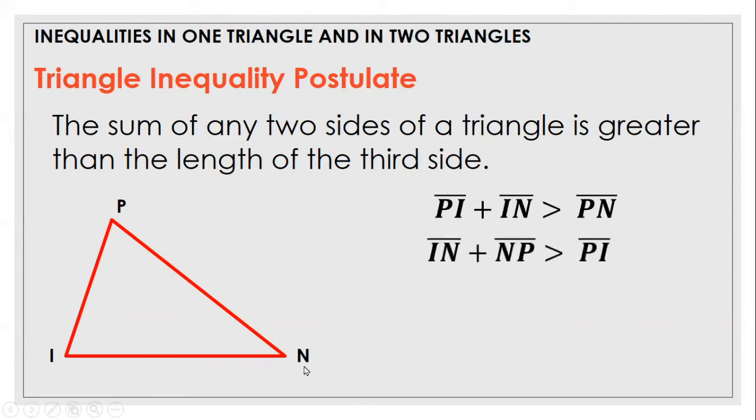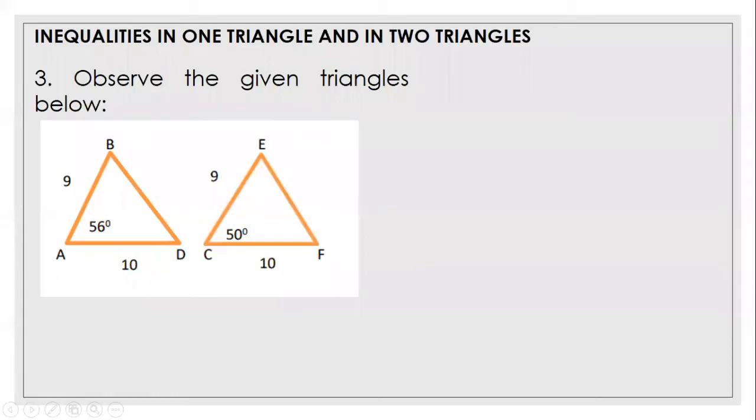Segment IN plus segment NP is greater than segment PI. Segment NP plus segment PI is greater than segment IN. Okay? Gets po? That's how the triangle inequality postulate works.